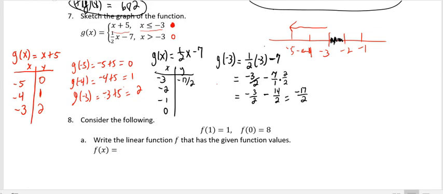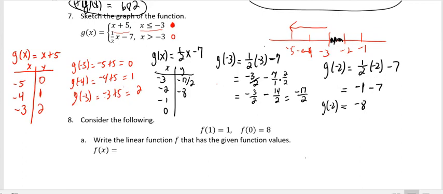If you plug in a negative 2, that makes it easier, because 1/2 times negative 2 is negative 1 minus 7. So that's negative 8. And how many points do you really need for a line? This is a line, right? You just need 2 points at least, which we already have. If x is 0, then we get negative 1/2 minus 7. We need a common denominator.